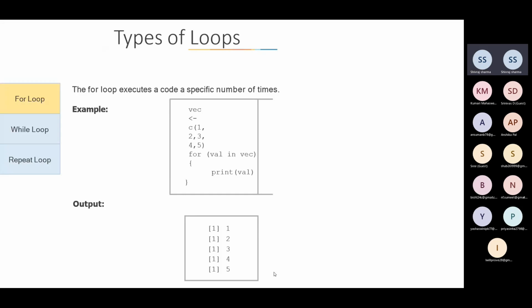So how many types of loops are in the R language? The first one is the for loop. The second one is the while loop. The third one is the repeat loop. The for loop executes a code a specific number of times.